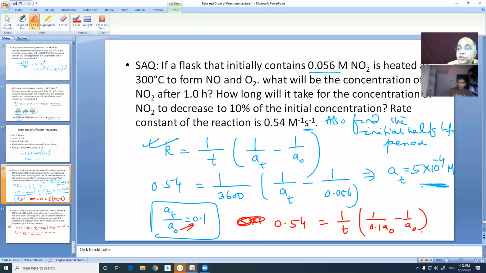So A0 is already known, the initial concentration is 0.056. So you put the value of 0.056 here. So ultimately the time required to become 10% of the original is 297.376.